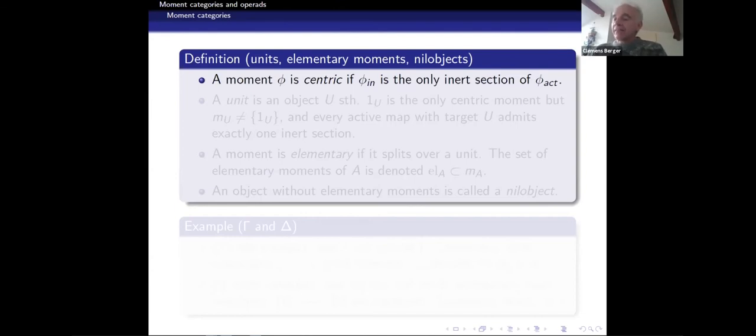One can show that if you have two centric moments of the same object, then they commute. So if all moments of a moment category are centric, then they all commute, and actually this is even an equivalence.